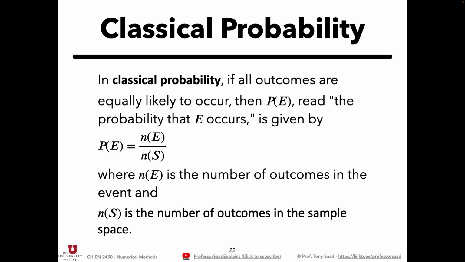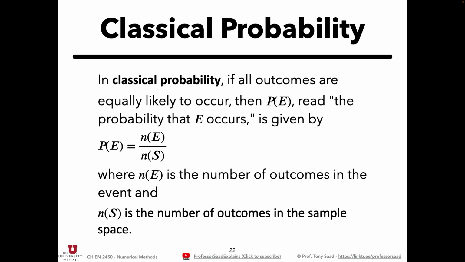We have tools to do that analytically. But in its basic definition, classical probability, if all outcomes are equally likely to occur, then the probability of your event E is the total number of times your event E occurs in the sample space over the total number of outcomes in your sample space.